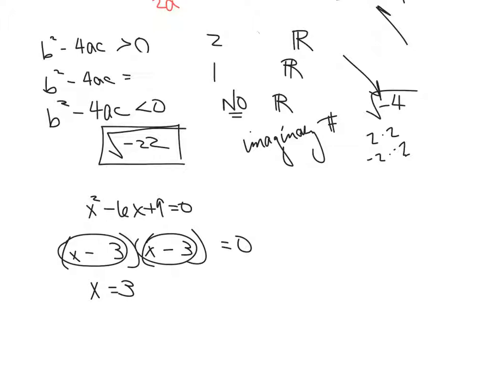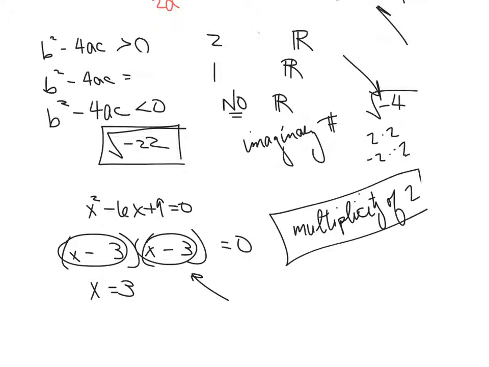And what they do with that is, when a number factors twice like that, it is said to have a multiplicity of 2. It means that the same number is part of the answer twice. Okay?